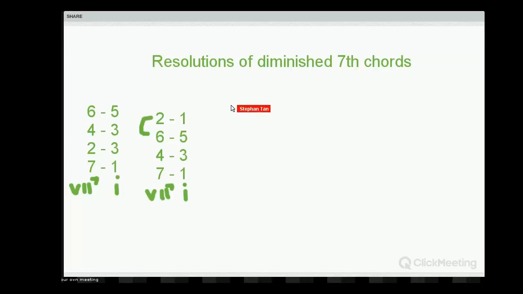It's the exact same thing that we've been looking at already, right? 6 to 5, 4 to 3, 7 to 1, but this time the second degree is in the bass, and that moves to the third degree. So this will result in 7, 6, 5 to 1, 6.